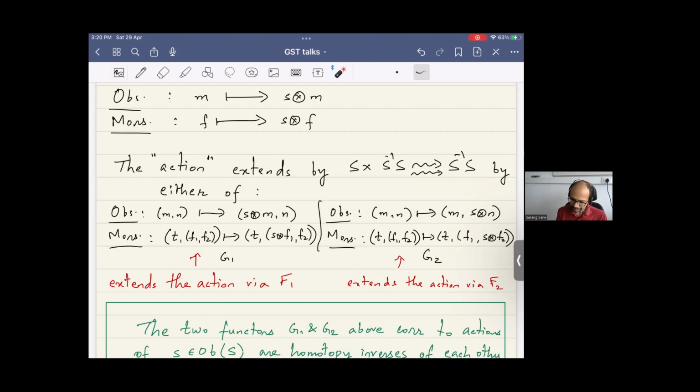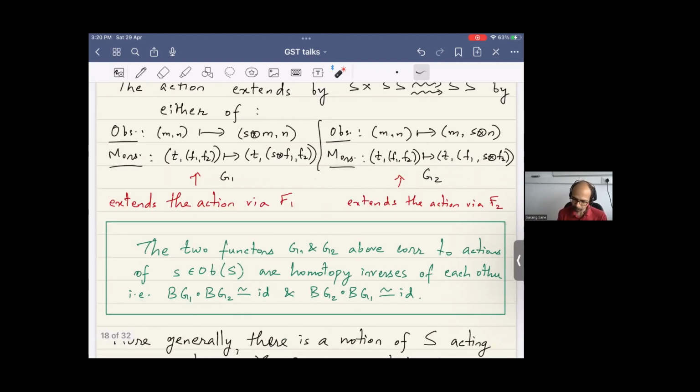All the other things remain the same in the morphisms. You have to check, of course, that both of these are genuine functors. If I call them G1 and G2, then G1 and G2 are indeed functors from S inverse S to S inverse S. So that's a check.